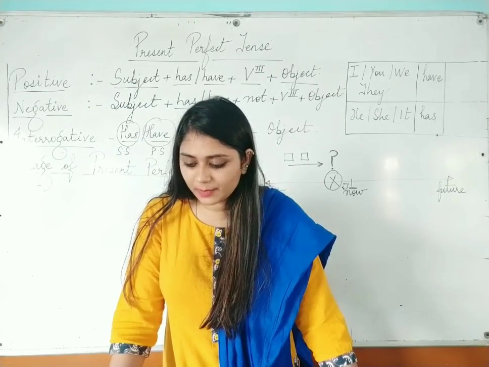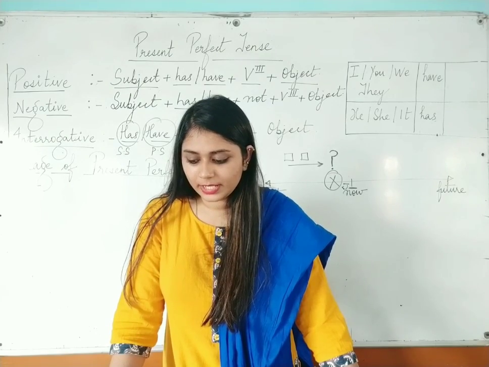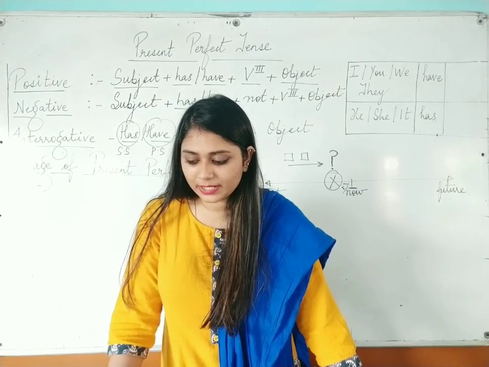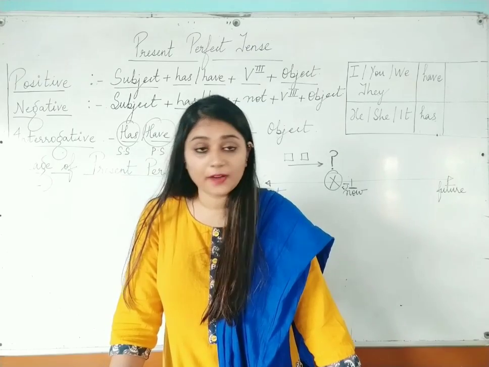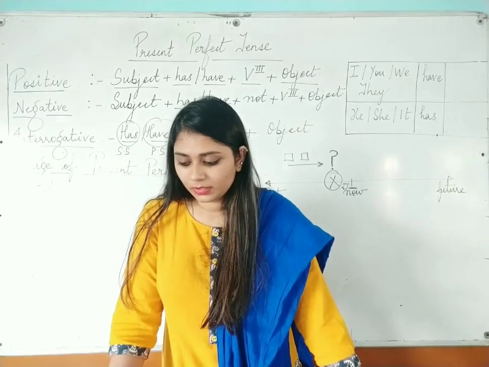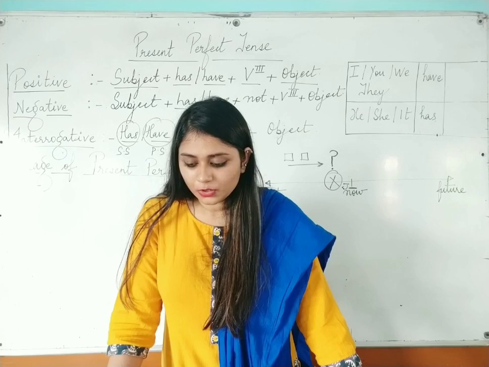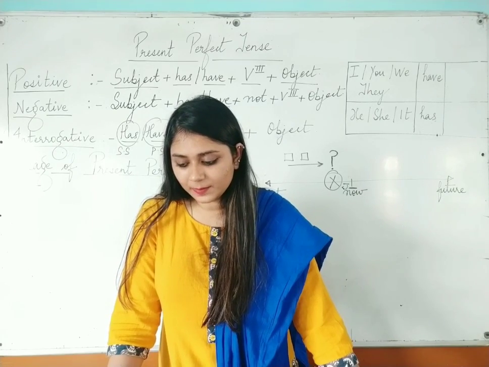For which the time of action is not mentioned. Like in these sentences we use time expressions like today, this morning, evening, afternoon, week, month, etc. For example, Sushita has watched 6 films this week.